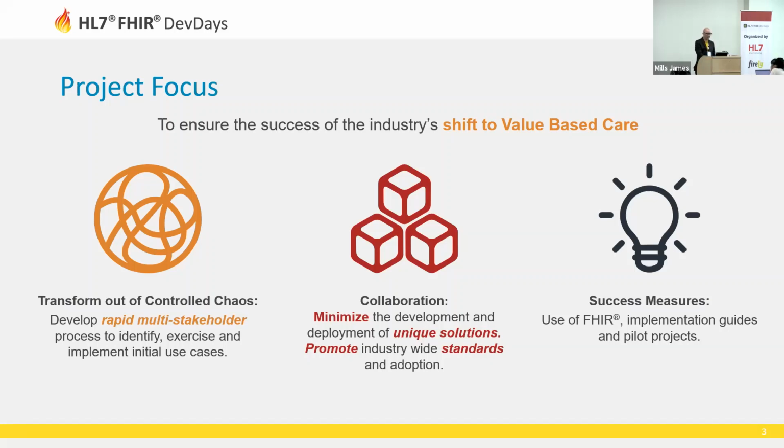The idea, like the other accelerators, is to bring the community together in advance so that they can identify their needs and their use cases and then provide their subject matter expertise as well as their funding resources to bring contractors and subject matter experts to build FHIR IGs.